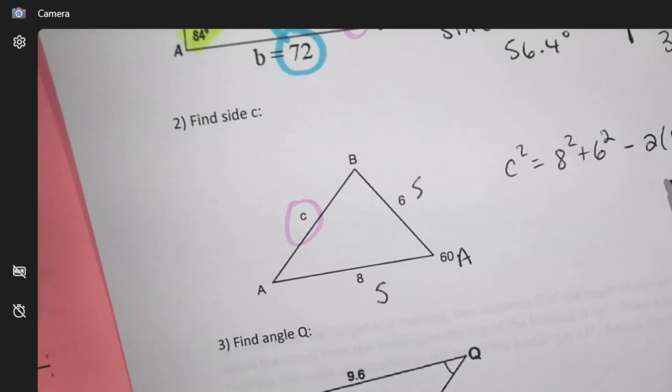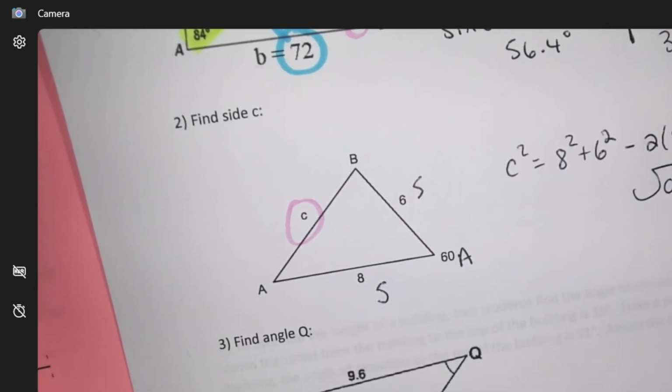Okay, I give you all these formulas, right? Don't memorize them. They will be provided on a formula sheet. Type, square root, right? Remember that one? Just square root your answer.